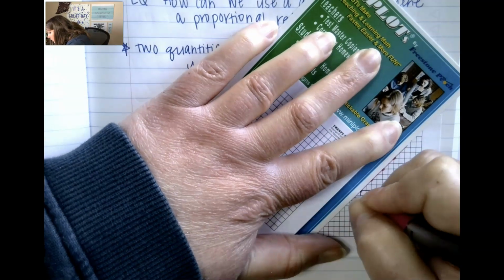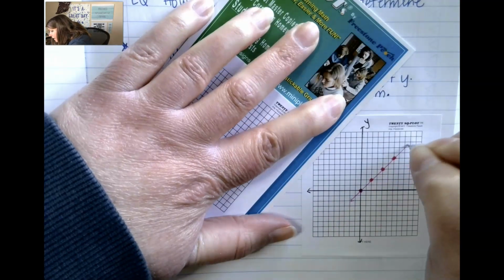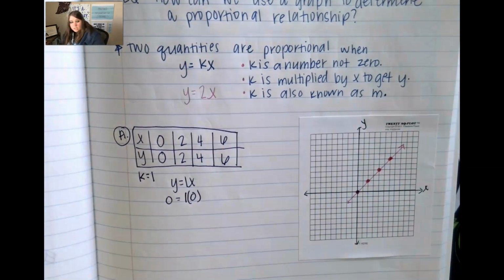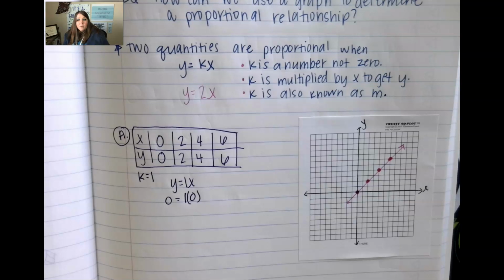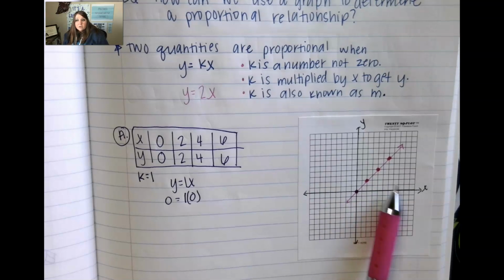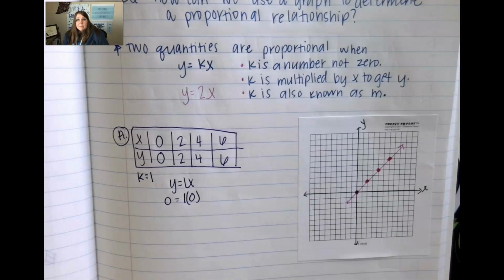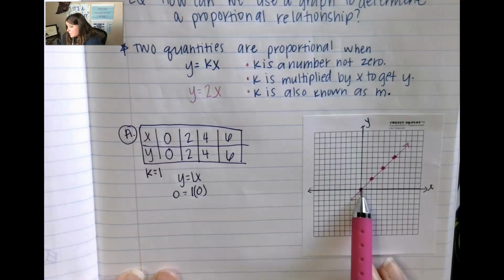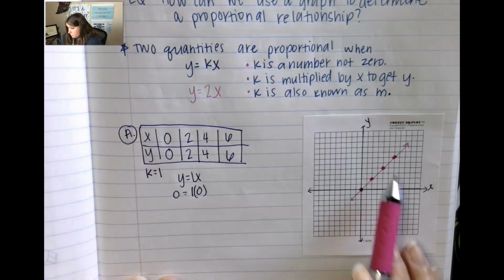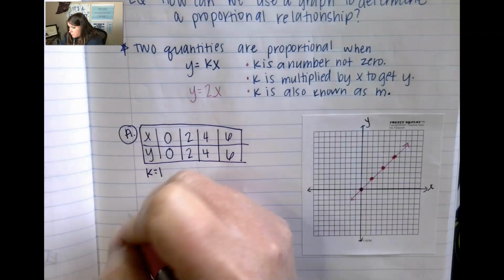And I'm going to determine, do I have a constant of proportionality? Are these increasing by the same amount every single time? So does x and y increase or decrease by the same amount every time? So it says that because the line passes through the origin, x and y, they are proportional. So if it crosses through 0, 0, we're going to have a proportional relationship.